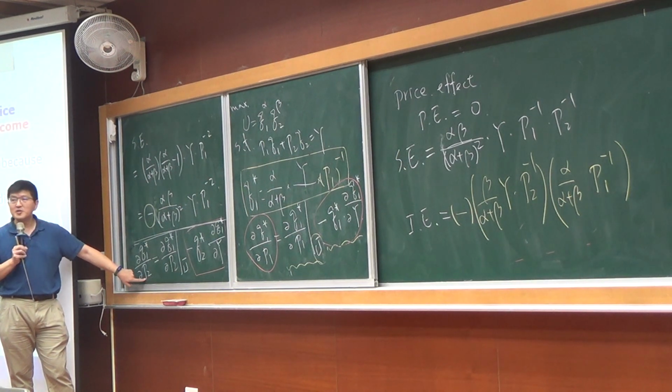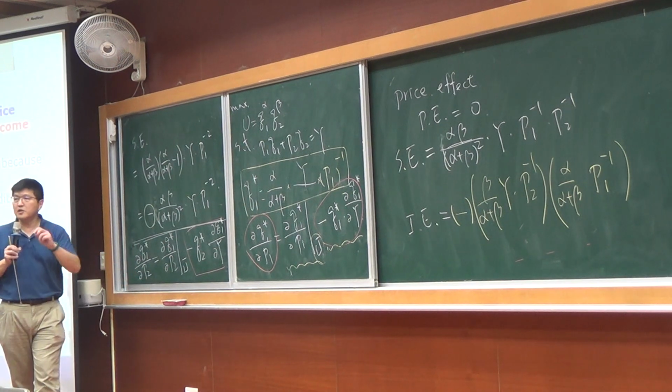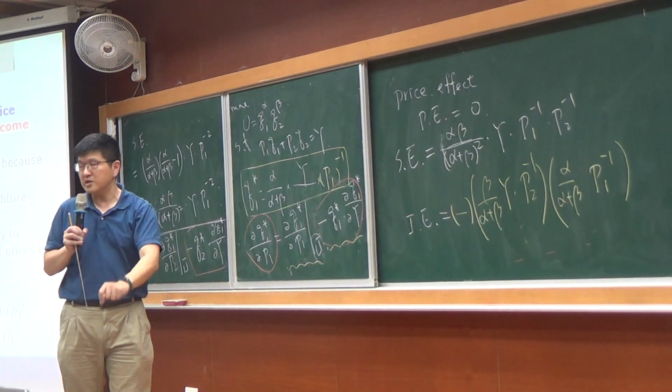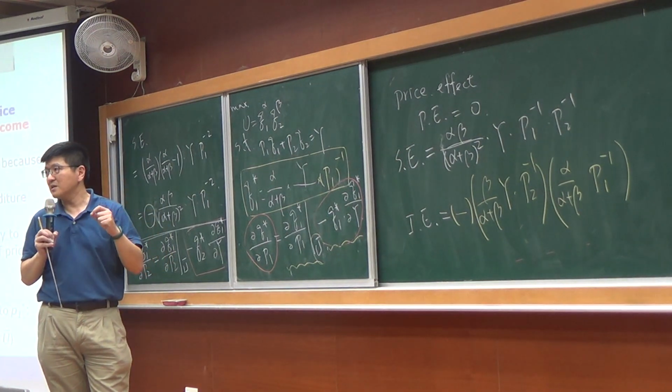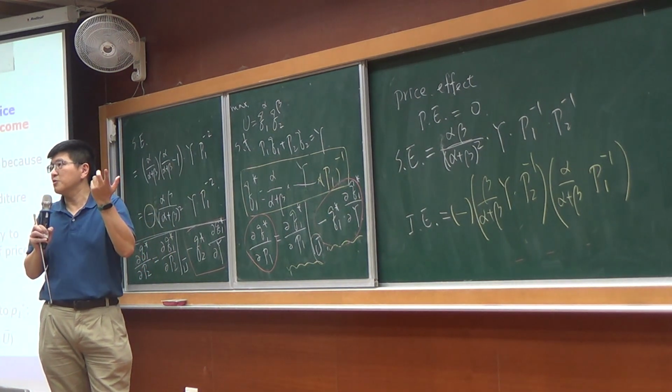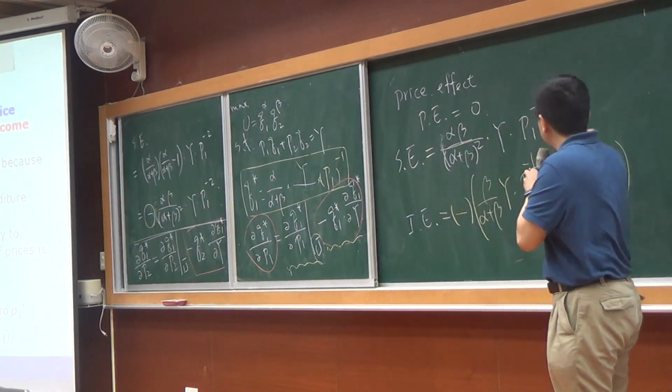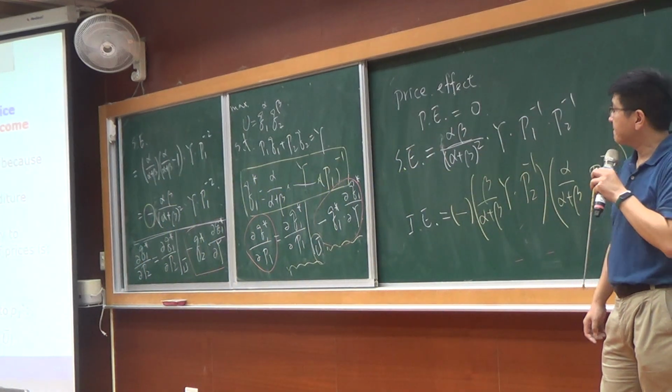So the pure substitution effect is negative for Q2. So an increase in P2, Q2 must decrease. However, Q1 must increase. So it's positive, right? The substitution effect is positive here.